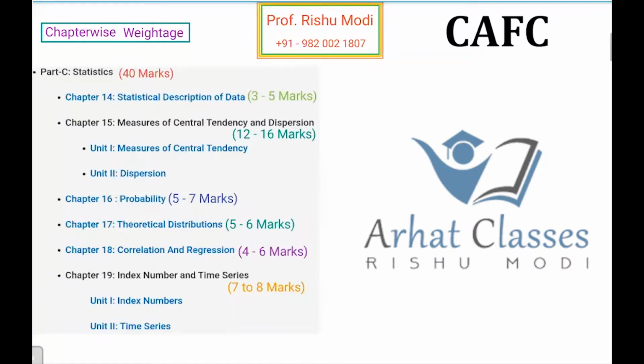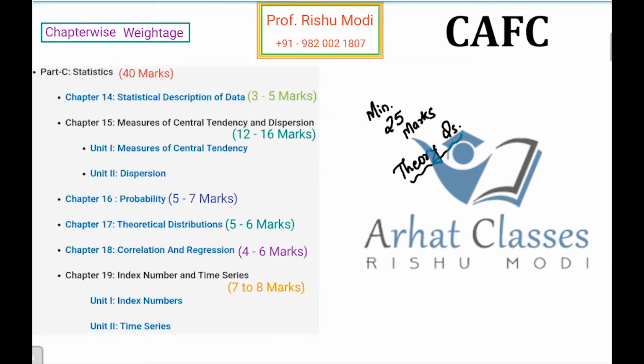Now, understand, as an overview of statistics, 40 marks, I assume that there will be a minimum of 25 marks as theory questions. Which means that whenever you do the statistics part, read the module.